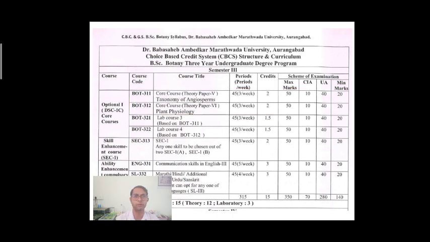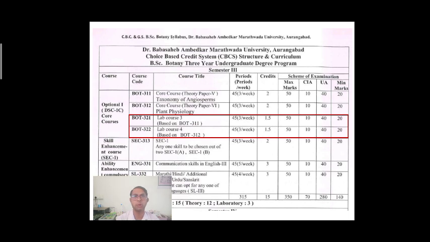A class internal test or assessment is there for 10 marks, and the other exam is for 40 marks. Along with that there will be a lab course or practicals based on these two theory papers, and the titles of those practicals are Lab 3 and Lab 4.